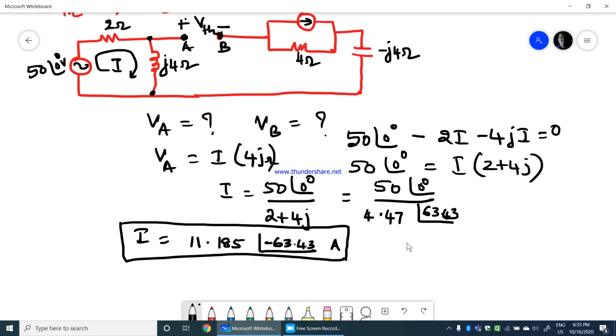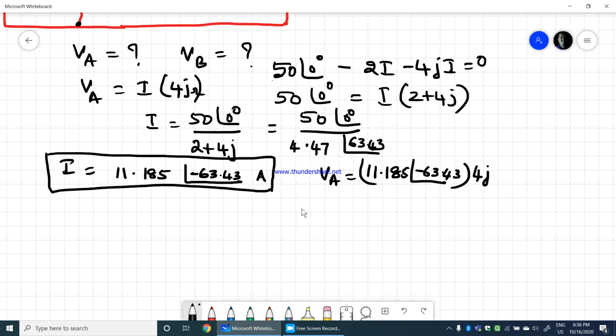Now VA would be equal to 4j into that I, so 11.185 at an angle minus 63.43 multiplied by 4j. I will again convert that 4j into polar.